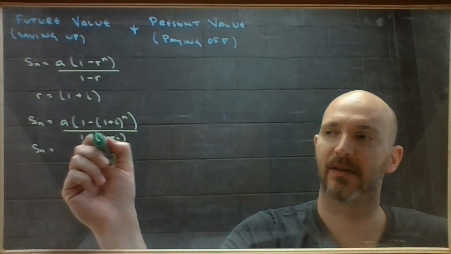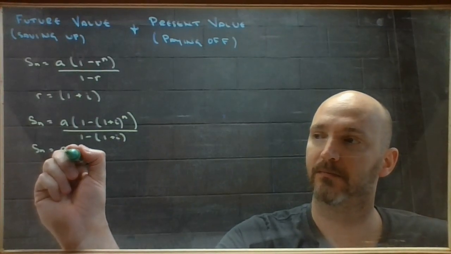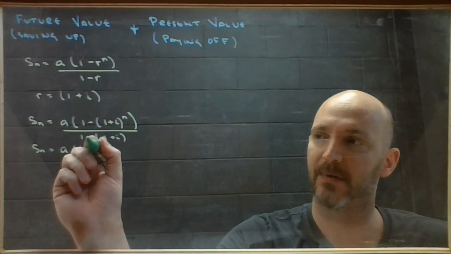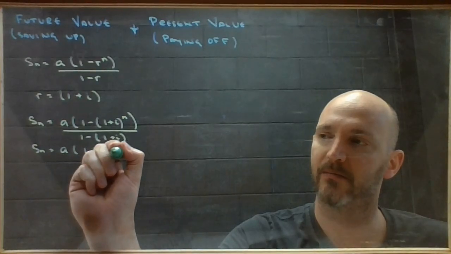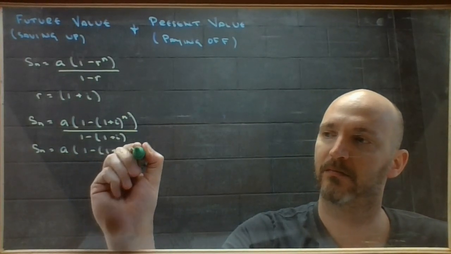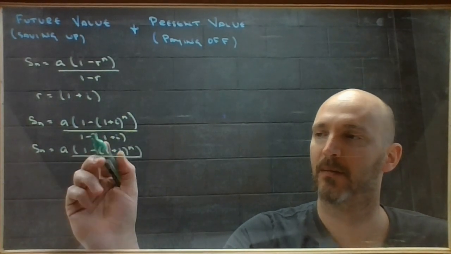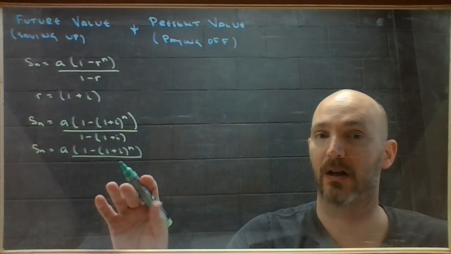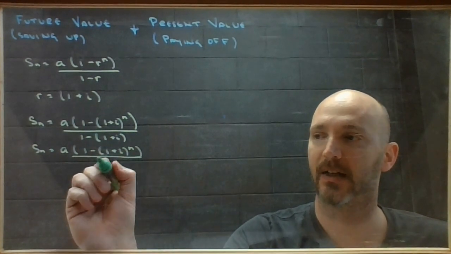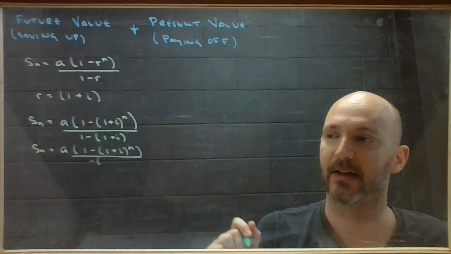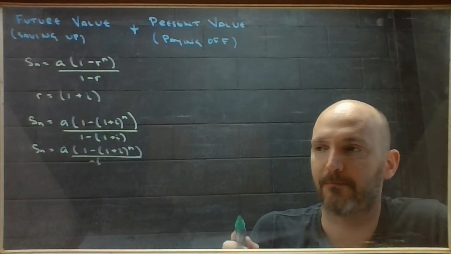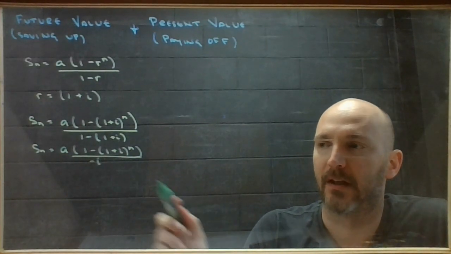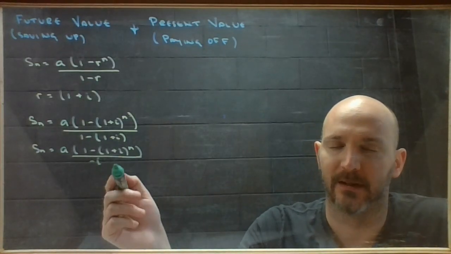All right, there's nothing I can do to the top here, because that's all trapped inside a bracket to the exponent n. But 1 subtract 1 is gone, and negative i leaves me with negative i in the bottom. Now I don't like the fraction.